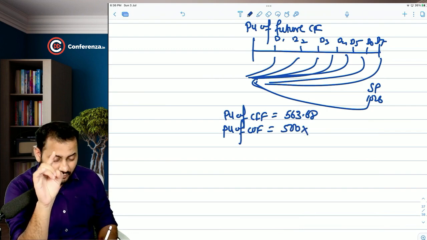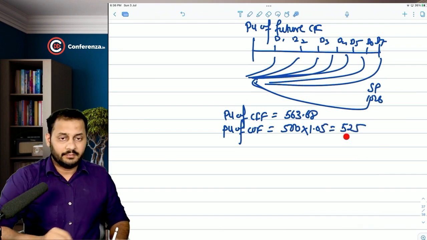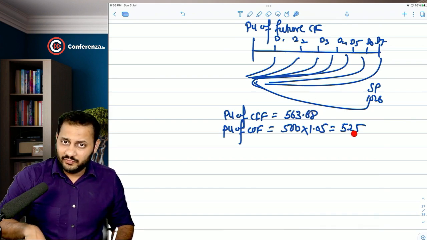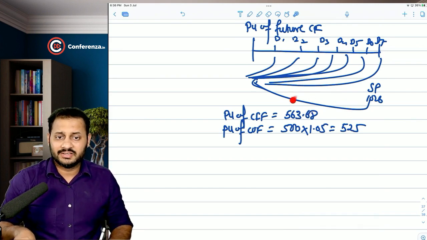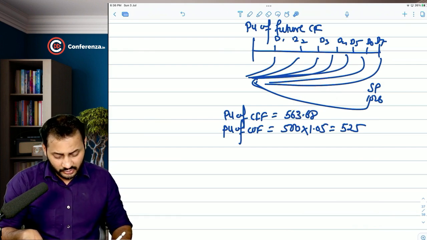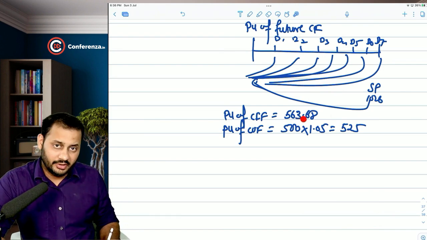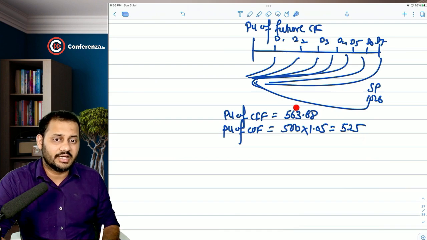The moment you go and buy the share, it will cost you 1.05 times. That means 525. So I'm paying 525 today for receiving 563.68 in today's terms in the future. So yes, it's a good deal. We can say it's a very good deal because the outflow is lesser than the inflow.